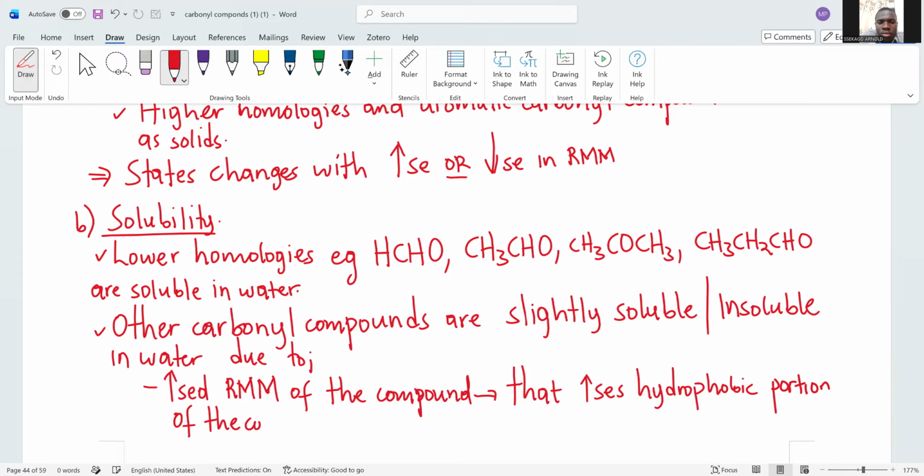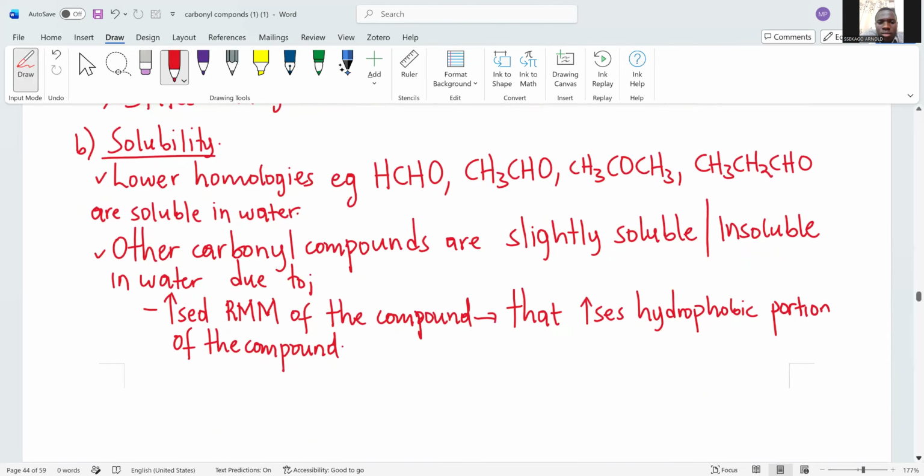Hydrophobic means water hating. When you increase molecular mass, you are increasing the number of carbon atoms. Those carbon to carbon bonds are non-polar, they are hydrophobic.